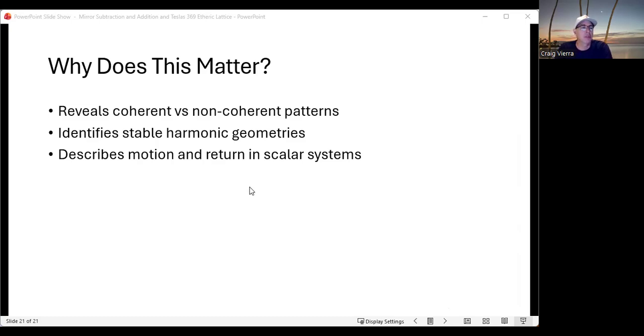So I hope this helps you understand a little bit more about mirror subtraction and mirror addition, those operational procedures, and how you can use them to find coherency within the numbers that are also reflecting the geometry.